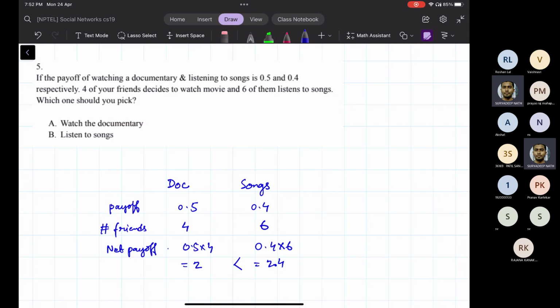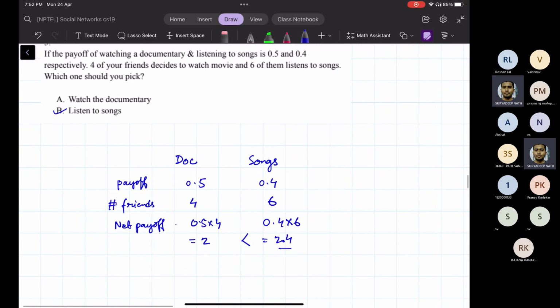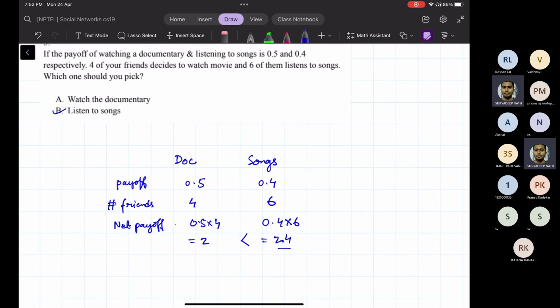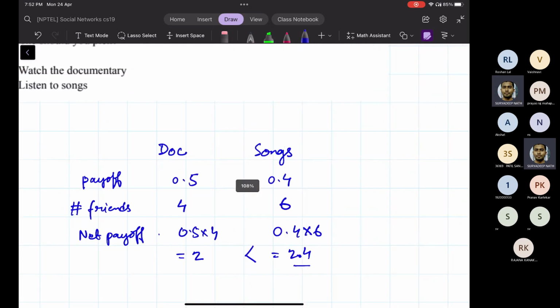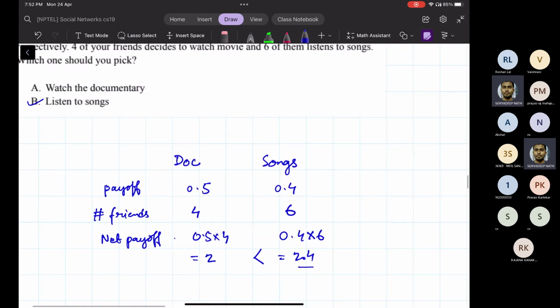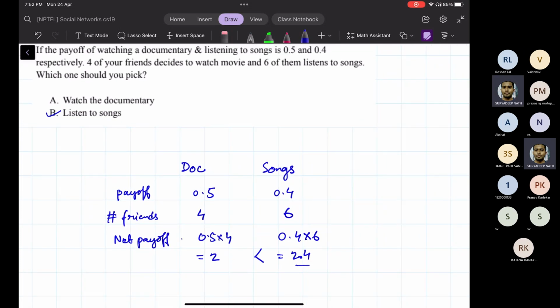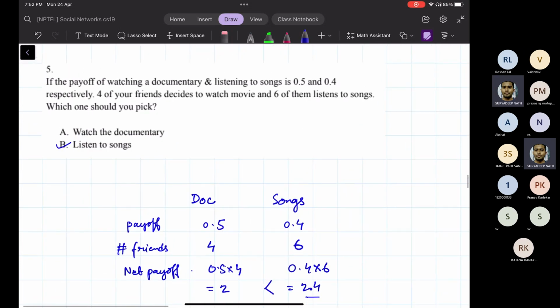Therefore, it is likely that you will go with listening to songs. This is how the decision model is framed. You have the payoff, you have the number of your friends, and you take the net payoff and choose the activity for which the payoff is higher.